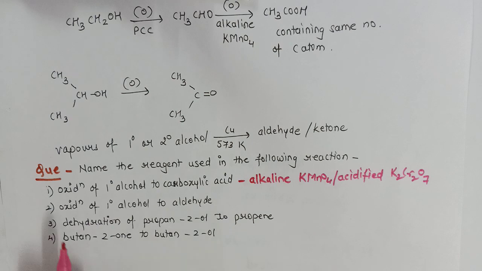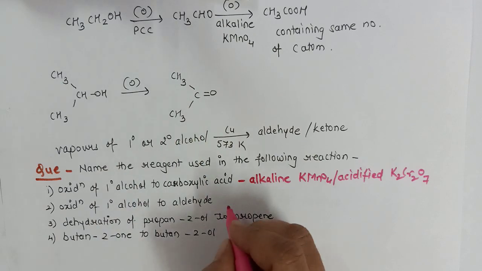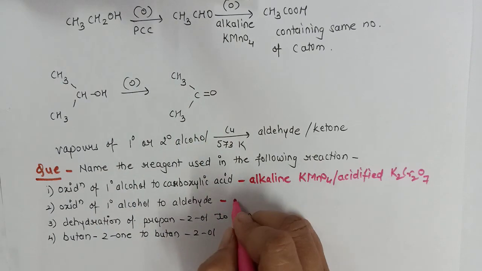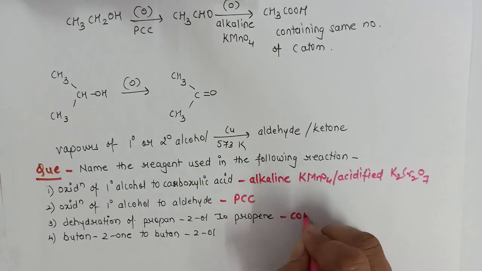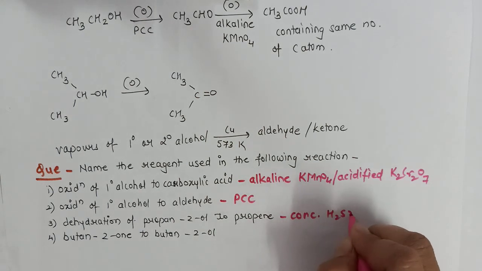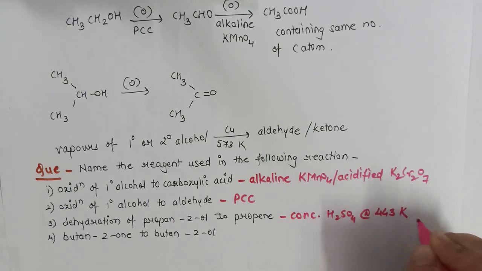The second one, oxidation of 1 degree alcohol to aldehyde. Now we have to stop the oxidation at this step, and therefore we'll use a mild oxidizing agent, like pyridinium chlorochromate. Dehydration of propan-2-ol to propene, that is alcohol has to be converted to alkene, therefore we will use concentrated H2SO4 at 443 Kelvin.